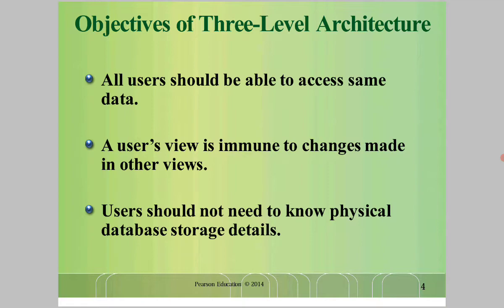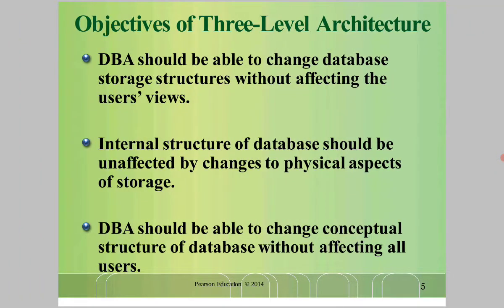Users should not need to know physical database storage details, that is, how the database is internally stored physically, how the file structures are designed, how the physical storage is organized. There is no need for users to know all these details. That is how the 3-level architecture is designed.